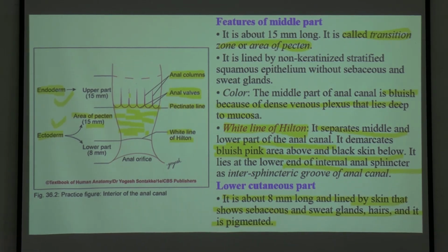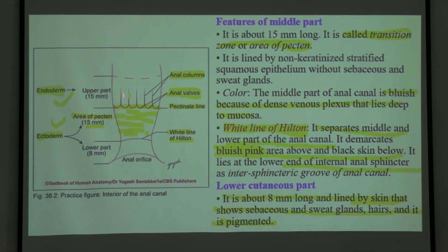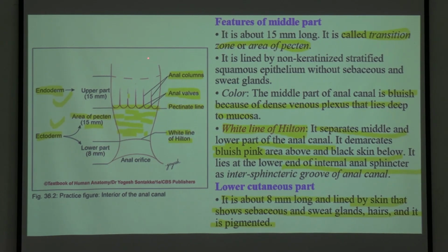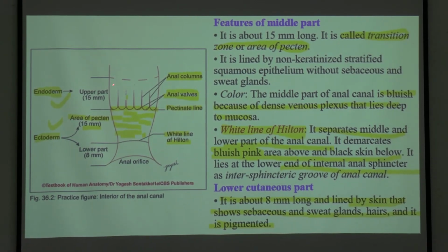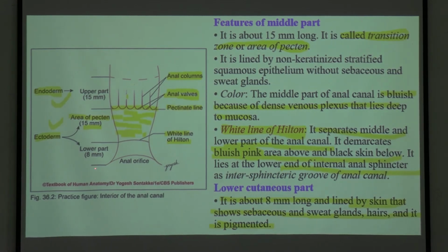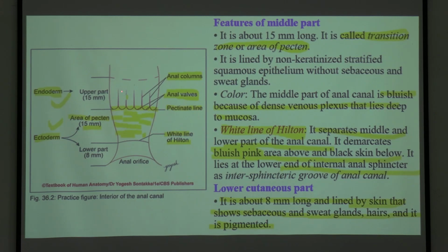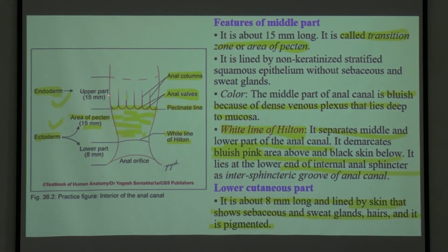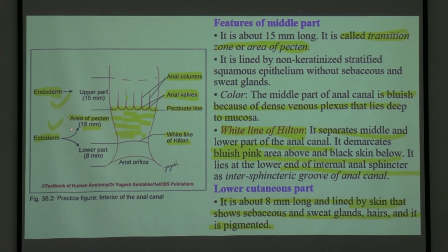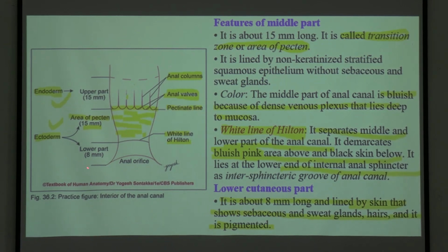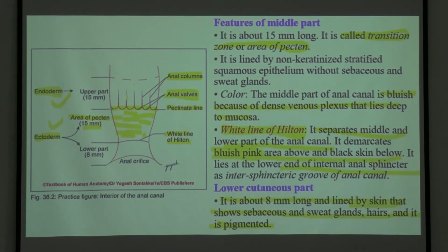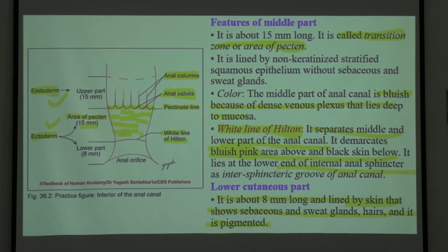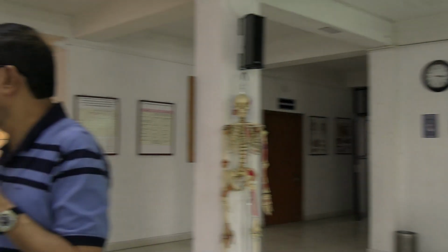Another thing may happen: suppose a sinus develops and there is a communication from here and ultimately a communication outside, that is the skin. If there is pus formation here, it may enter and ultimately form a passage and come out through the skin, it is called fistula, anal fistula.